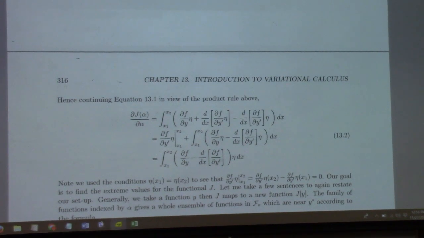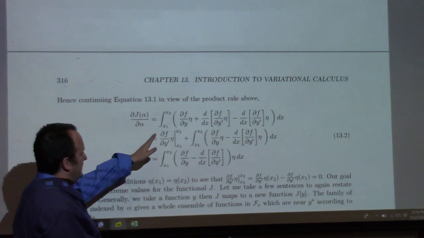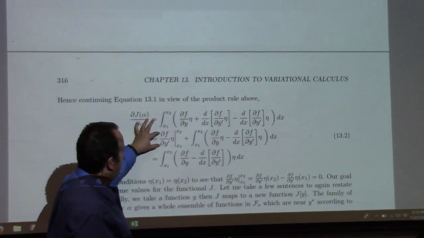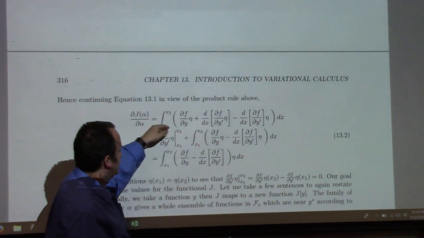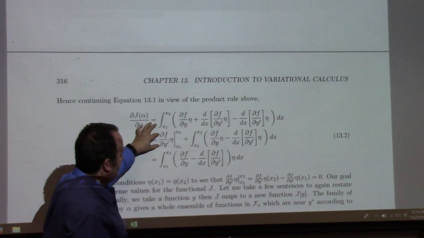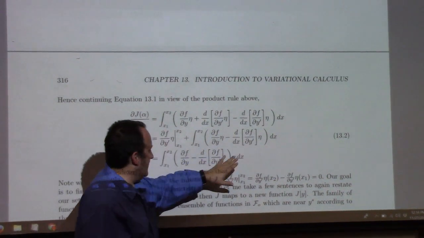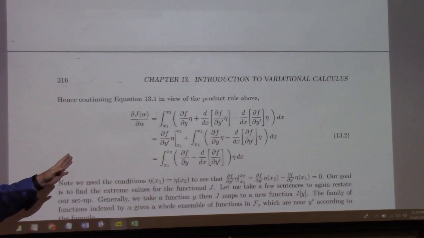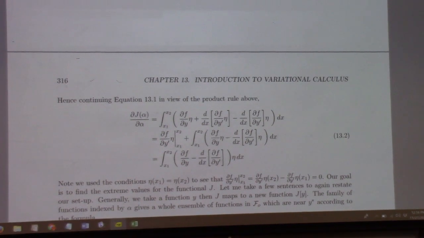And so that gives us partial J partial alpha is this, but one of these terms is a total derivative, so the integral of the total derivative just gives me the quantity evaluated at the endpoints, and then I've got this. Now, assuming that we're looking for a function which vanishes on the endpoints, that initial term goes away.